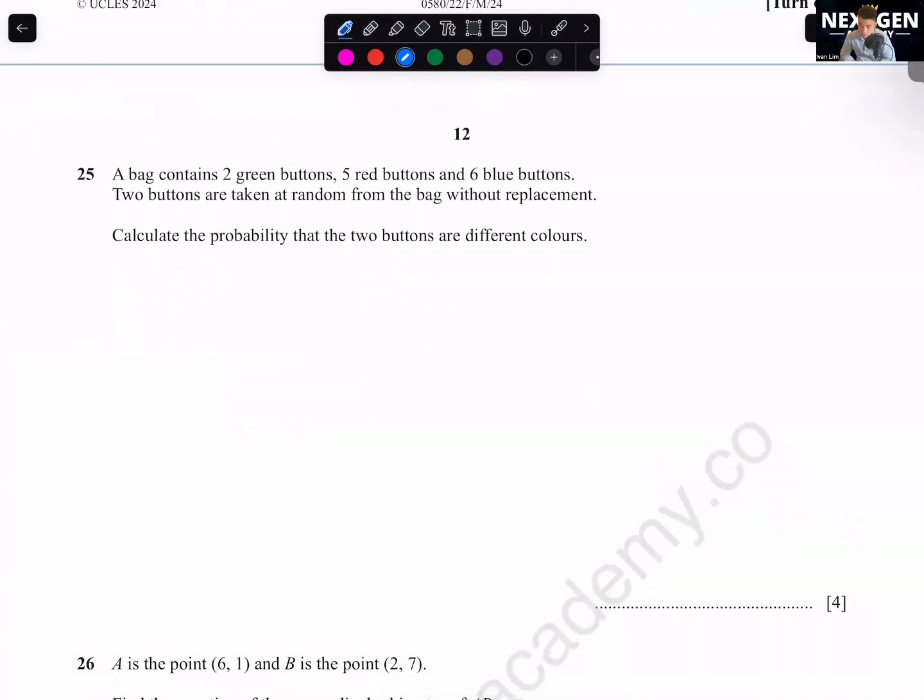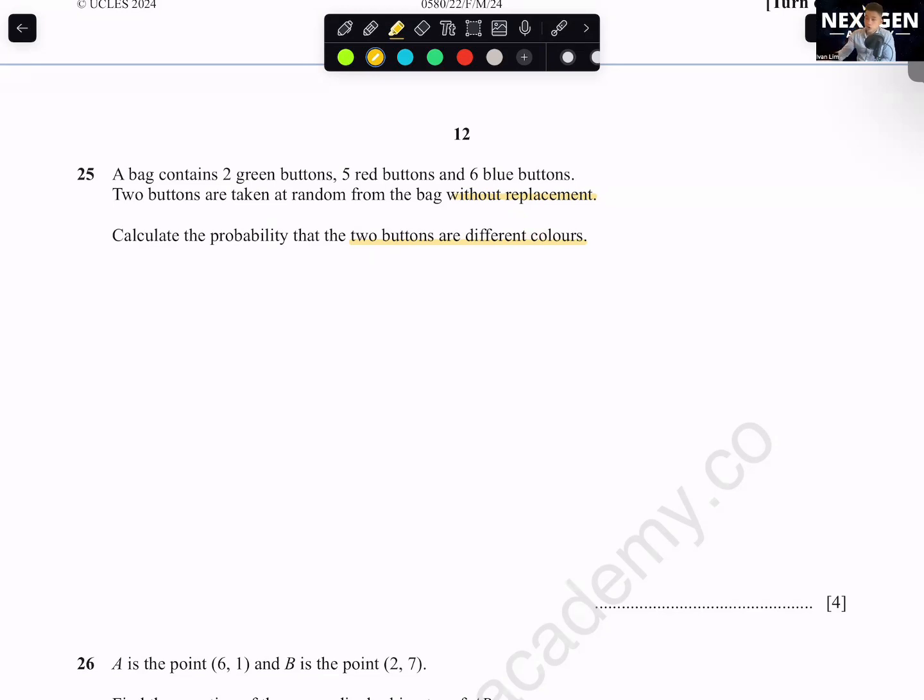Question 25. A bag contains 2 green buttons, 5 red buttons, and 6 blue buttons. 2 buttons are taken at random from the bag without replacement. This is a probability question. Calculate the probability that the 2 buttons are different colors. How to do this? There are 2 ways.